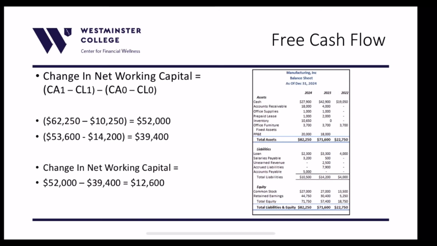And in the previous year, 2023, you can see that the difference is $39,400. And so you then take the difference between those two numbers, which gets you a change in net working capital of $12,600.